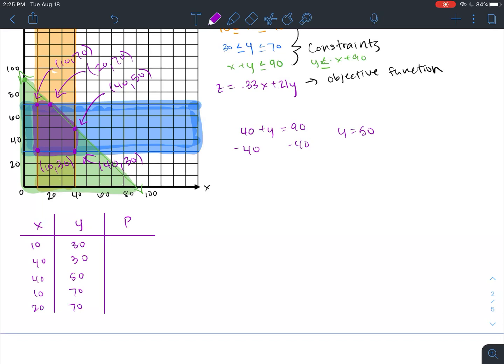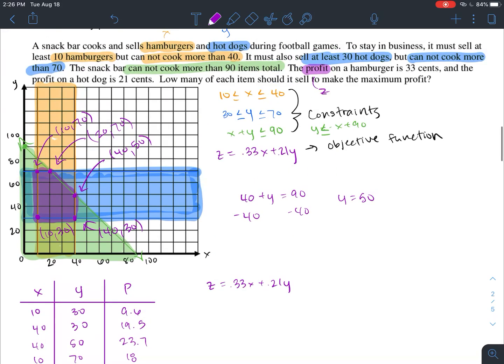Now I'm going to go ahead and wrap this up, but all we would need to do is plug these values right into this equation. And whenever you do that, you will get the following answers: 9.6, 19.5, 23.7, 18, 21.3.